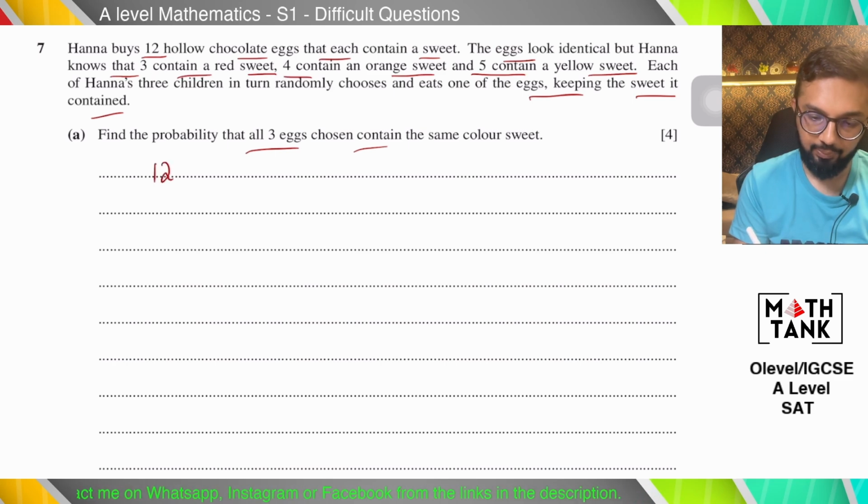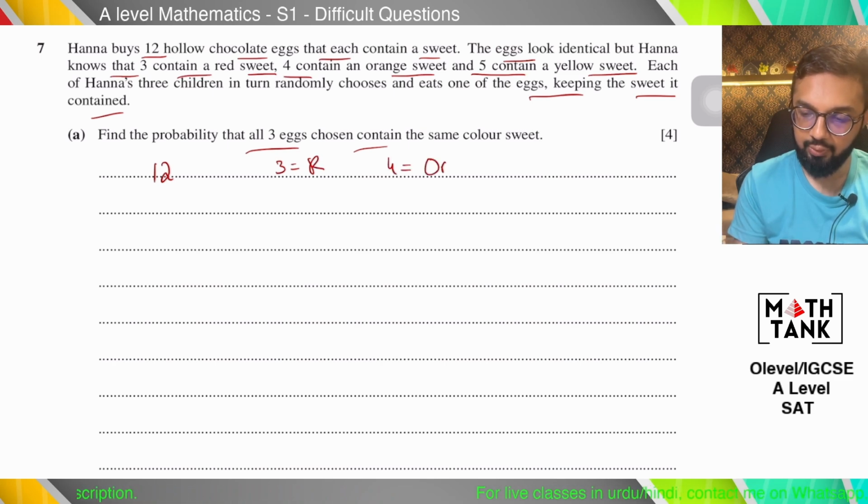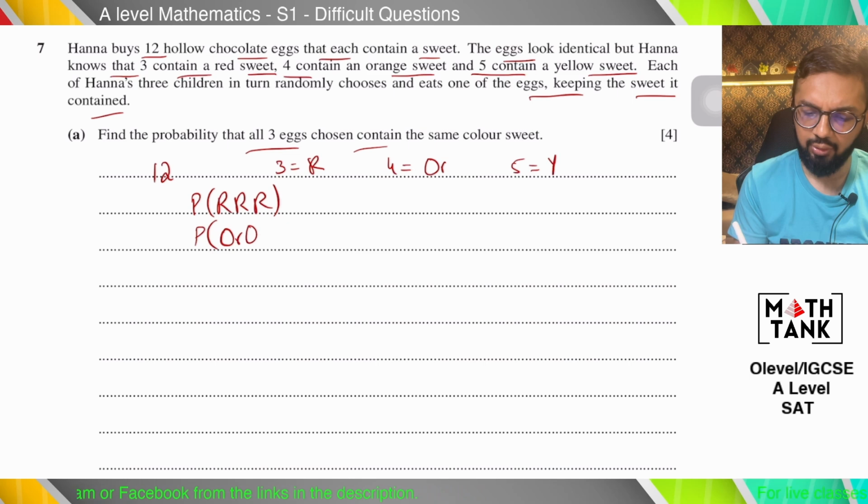Okay, 3 red, 4 orange. Okay, so I think that's simple. Red, red, red, or orange, orange, orange, or yellow, yellow, yellow.